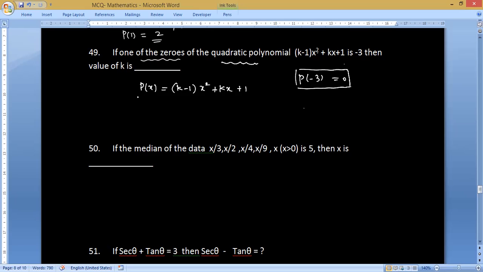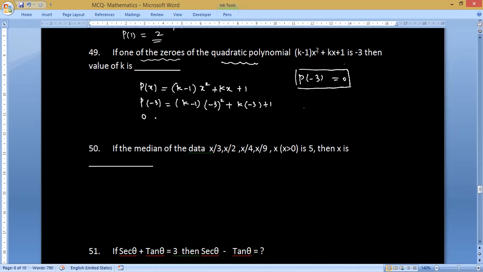So if I substitute minus 3 here, then (k minus 1) times (minus 3) whole square plus k times (minus 3) plus 1.